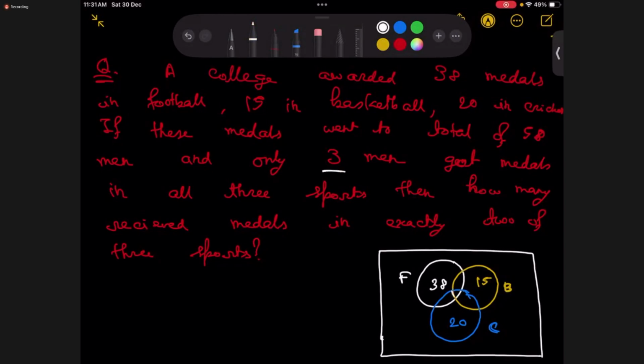So the whole portion, I will write in red. This portion has 3 elements. And the total number of elements given is here.